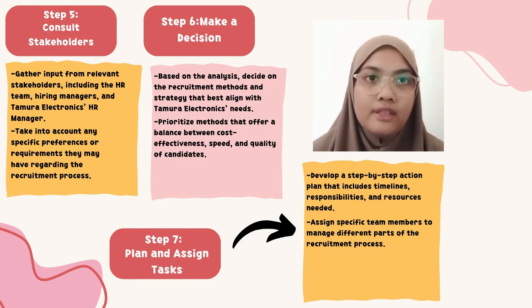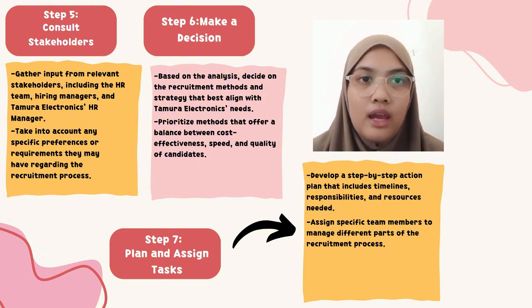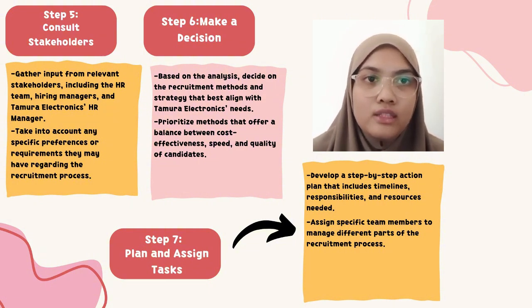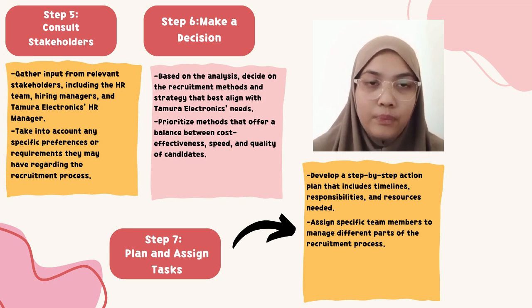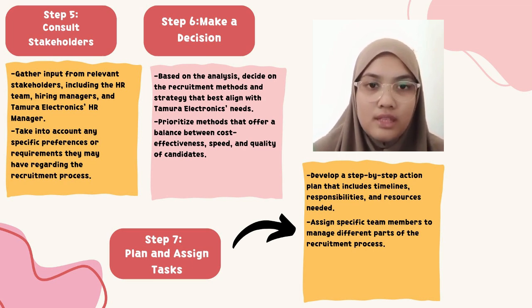Step 5 is consult stakeholders. First is gather input from relevant stakeholders, including the HR team, hiring manager, and Tamura Electronics HR manager. Second, take into account any specific preferences or requirements they may have regarding the recruitment process.